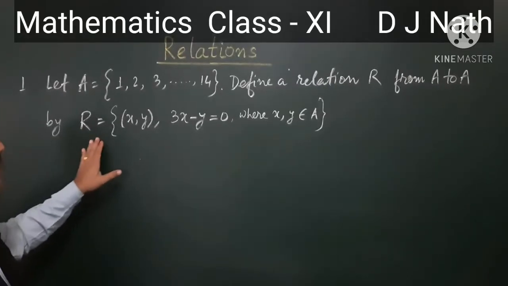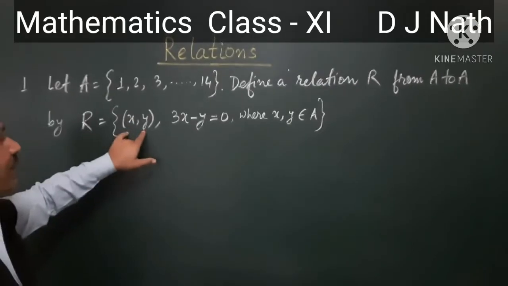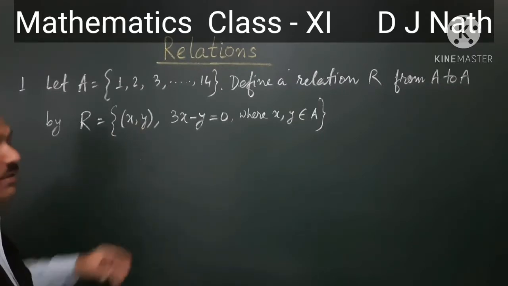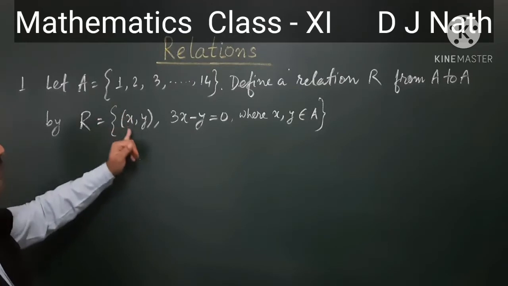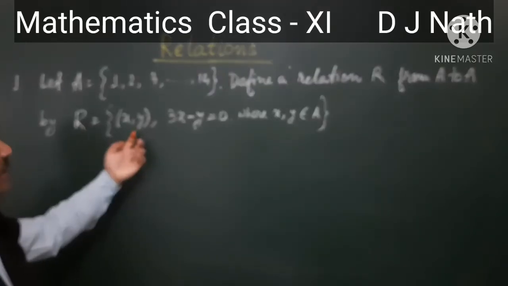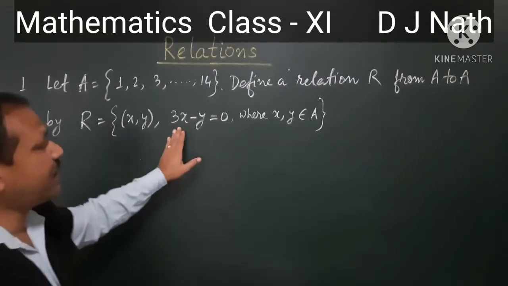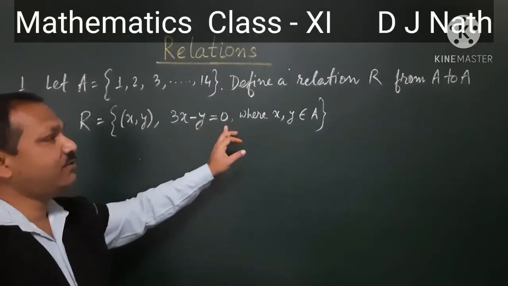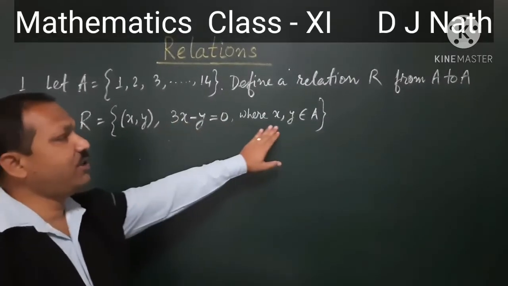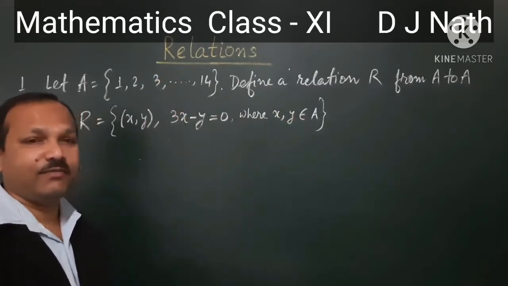Relation R is defined as (x, y). Why is it given as (x, y)? Because it is an ordered pair. x will be the first set element, y will be the second set element. And what is the condition? The condition is 3x minus y equals 0, where x, y belong to the set A.